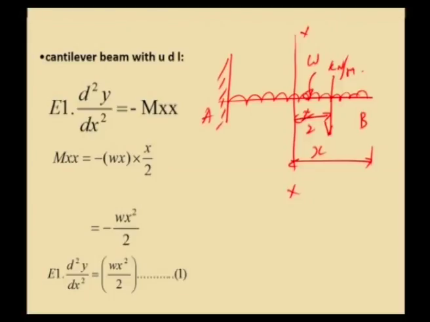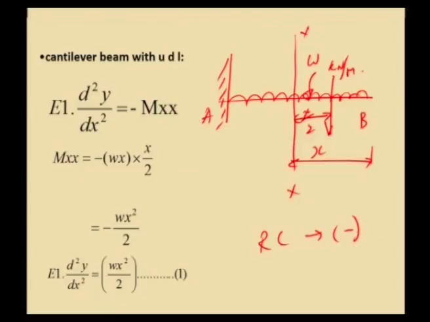Therefore, the bending moment will be W x into x by 2, and minus sign is due to the moment produced by the load being clockwise. As per our sign convention, right clockwise is negative. Therefore, minus W x into x by 2 or minus W x squared by 2. Therefore, we get E I d squared y by dx squared equal to plus W x squared by 2, which is considered as equation 1.